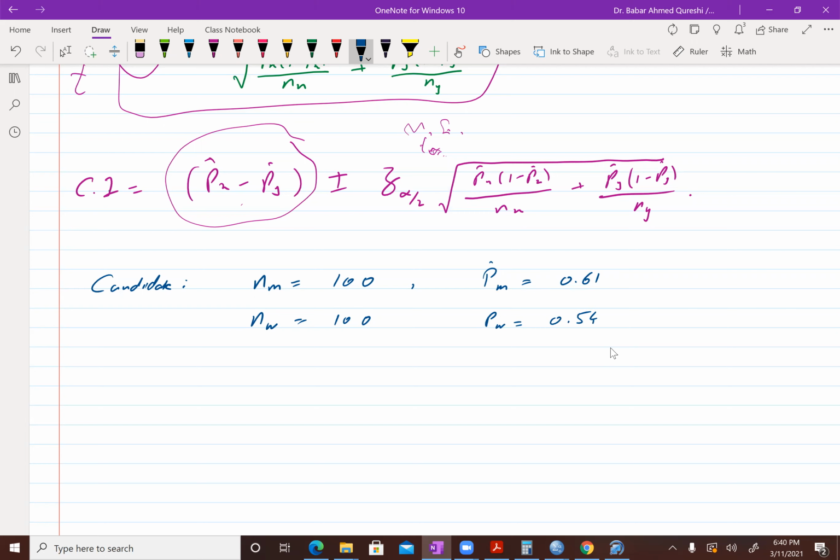So the sample proportion for the women is 0.54. So the difference is 0.61 minus 0.54. So they are more popular among men with a difference of 7 percentage points. 0.07, so 7 percentage points.